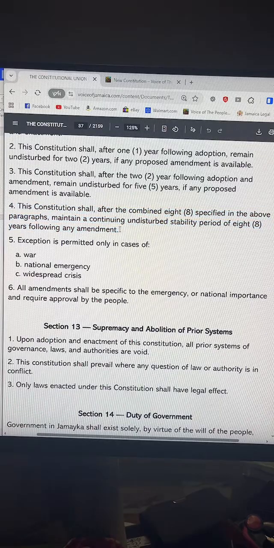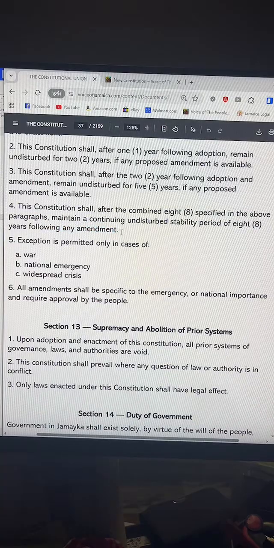So we don't have happy-go-lucky amending for transient reasons. It has to be a majority or a significant enough reason to be amending a constitution.